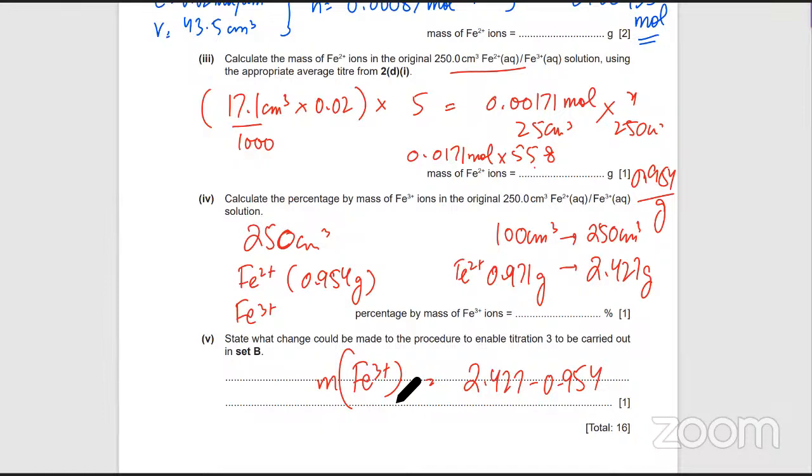1.473. अच्छा, so that's 1.473 grams, right? और अब फाइनली क्या करना है?